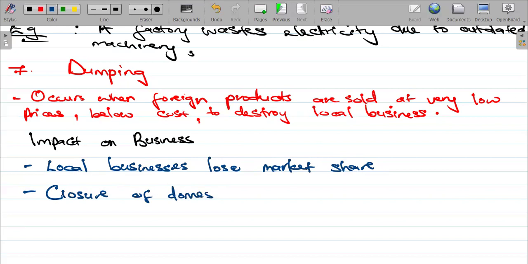They will close. Right? We need to say if companies close, there will be loss of what? Jobs.